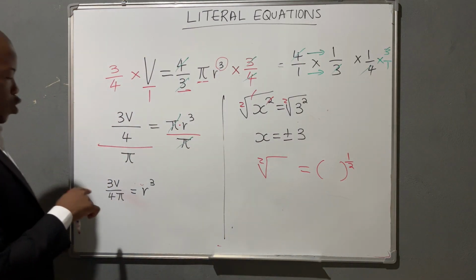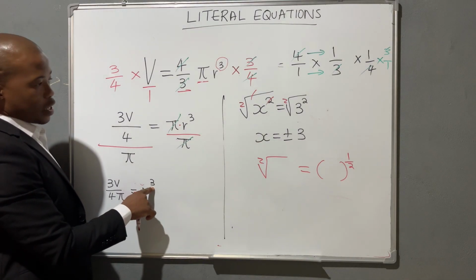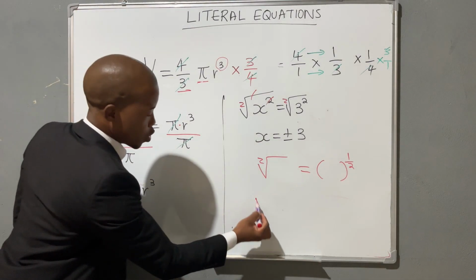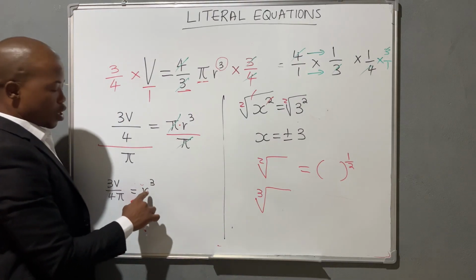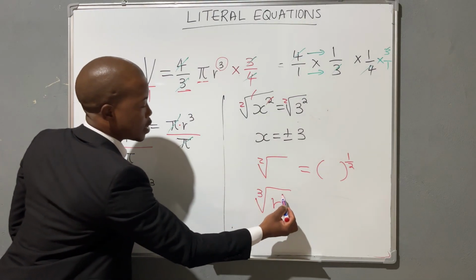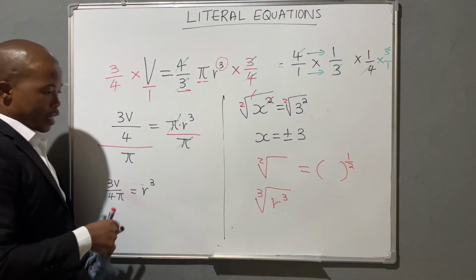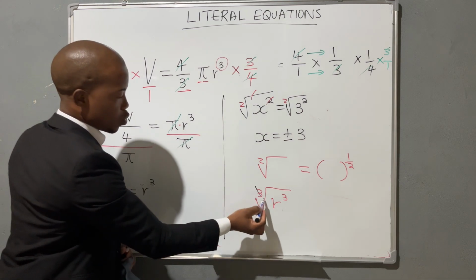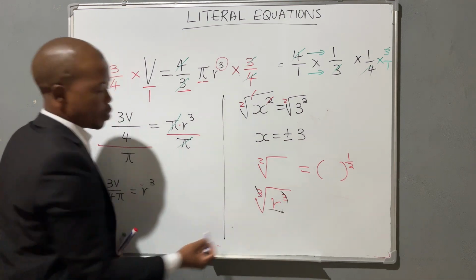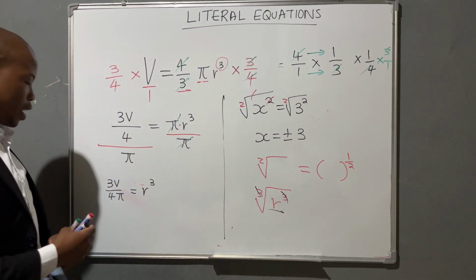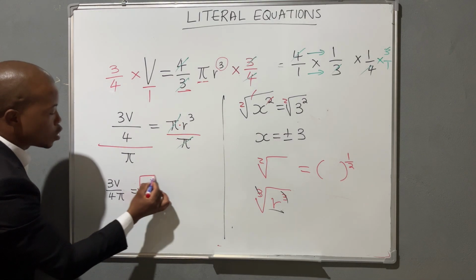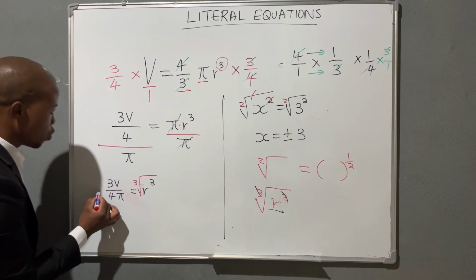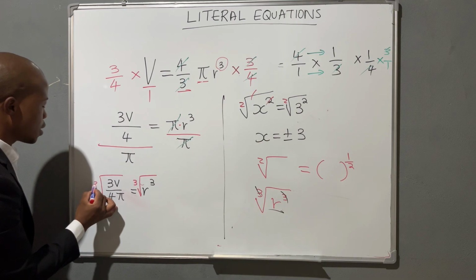It means also to get rid of this 3 here, we can instead use the cube root, because it will get rid of that 3 there. This one would cancel this one, and then we'll only be left with the r there, right? So in other words, we can cube root both sides.